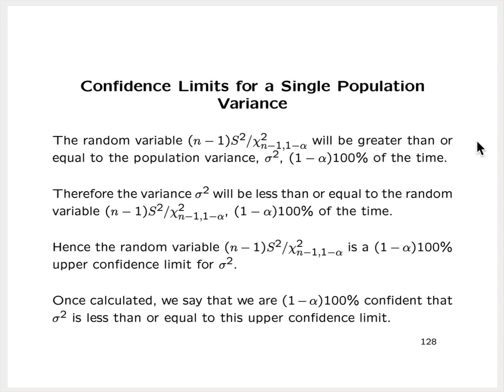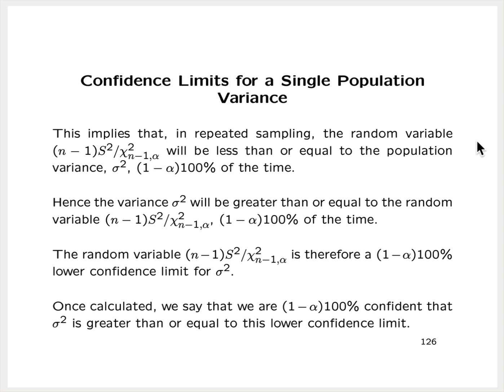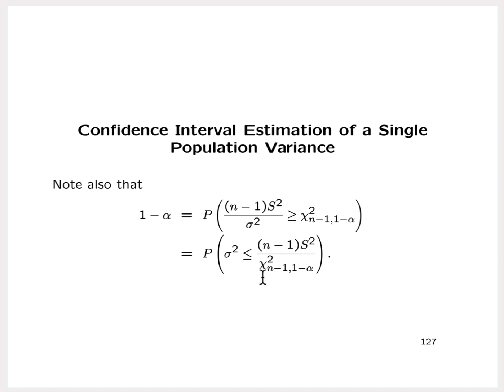The formula for the lower confidence limit would be given by this expression here: n minus 1 times the sample variance over the upper alpha percentage point of the chi-square distribution with n minus 1 degrees of freedom.